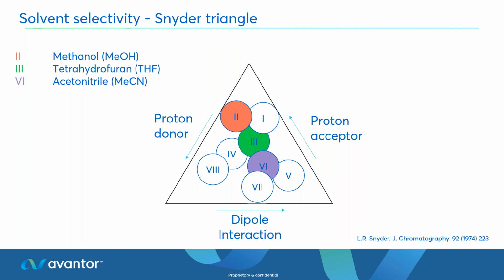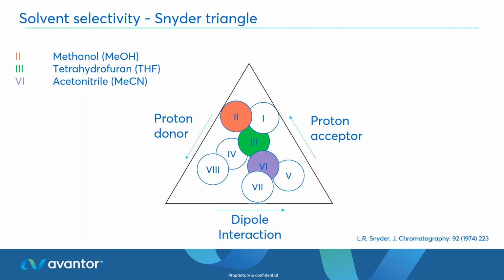And you can see within this triangle, they all have different properties. And the reason perhaps we want to switch between one solvent and another solvent is because of those properties, because that will have an impact on the selectivity within our separation.